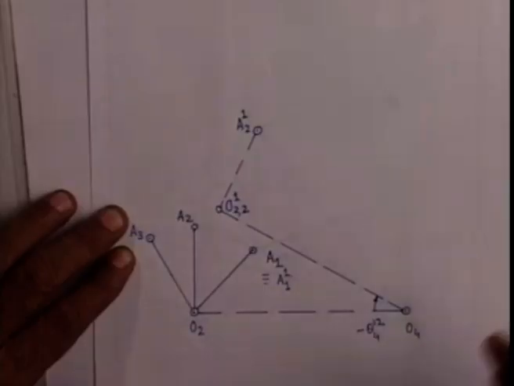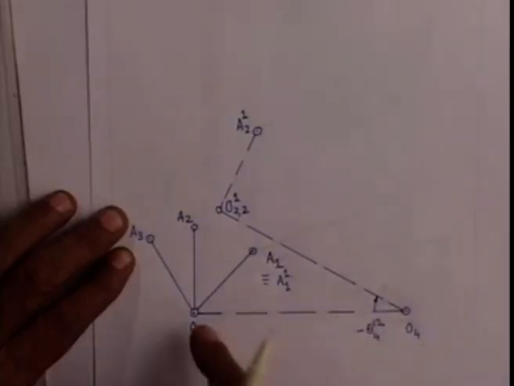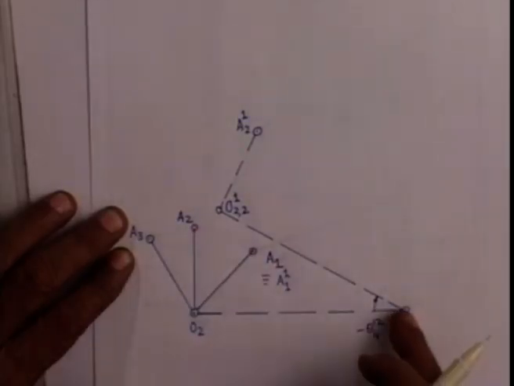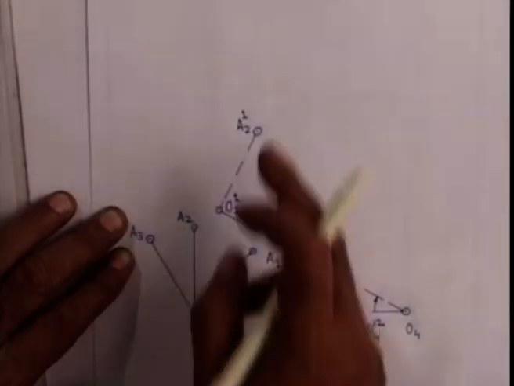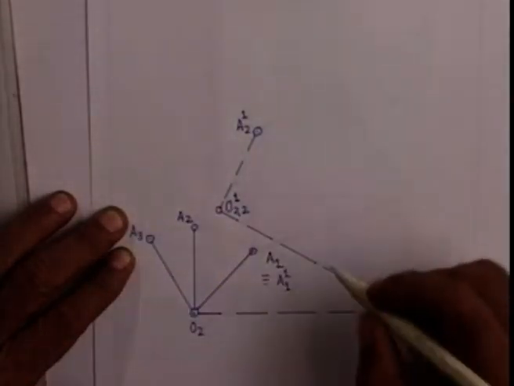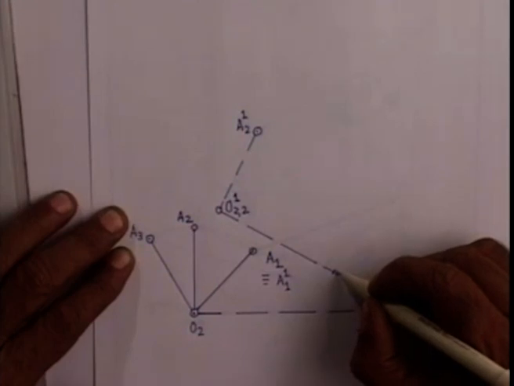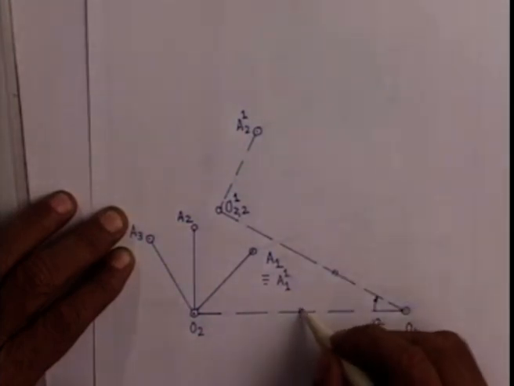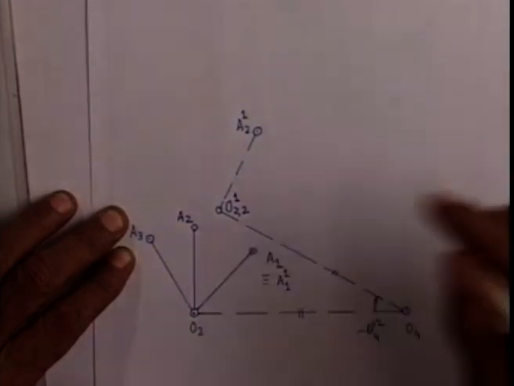Now, if we look at these two triangles, namely O4, O2, A2 and O4, O2(21), A21, what we see is that this length is the same as this length, because that is the length of the fixed link.